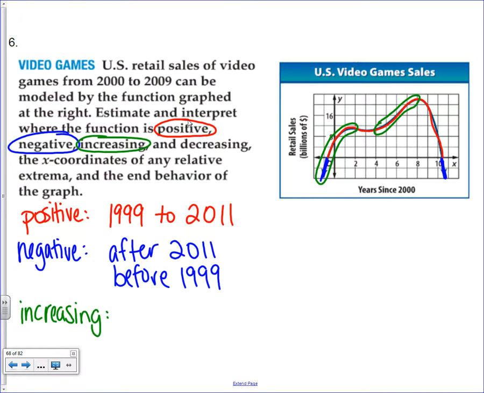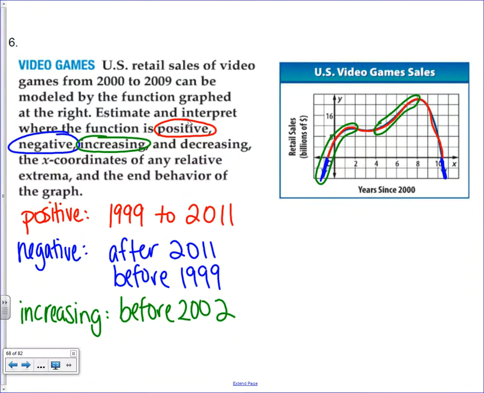Well, this arrow tells me it's going to keep going and going and going, right? So it looks like it stops increasing at 2002. So how would I describe that? This would all be before 2002, wouldn't it? Okay, so we're going to say before 2002.